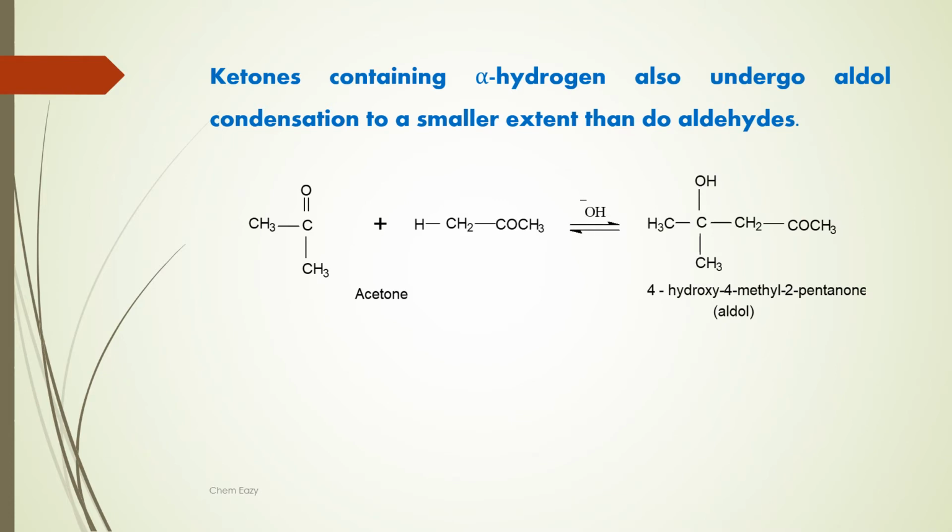For example, two molecules of ketone, here acetone taken as an example, in presence of a base undergo condensation reaction and give 4-hydroxy-4-methyl-2-pentanone, which is an aldol consisting of a keto group and an alcohol group.